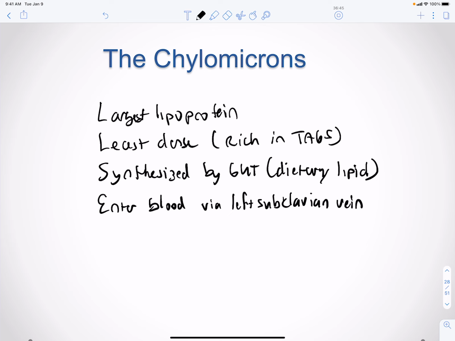Okay, and they are going to express ApoB48, ApoC2, and ApoE.